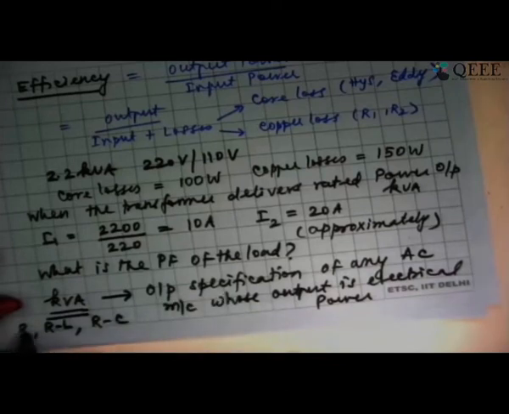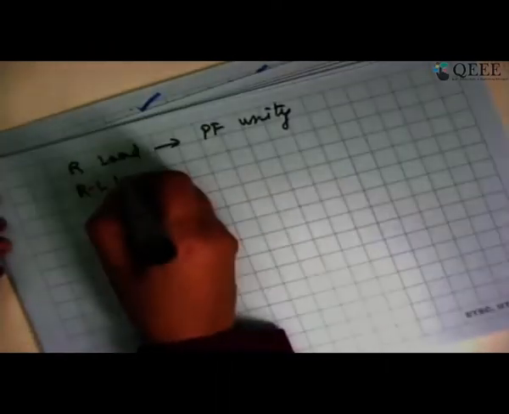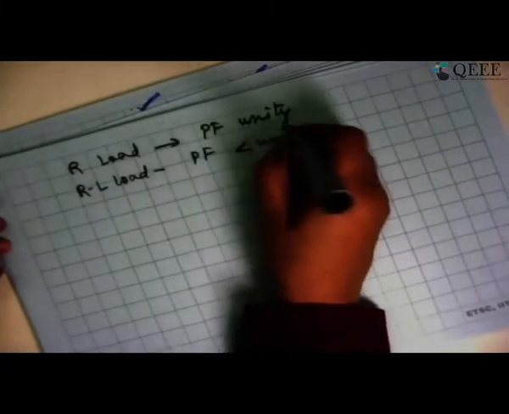So for R load, the power factor is going to be unity. For RL load, the power factor is going to be less than unity, but it will be lagging. And for RC load, again the power factor is less than unity, but it is going to be leading.